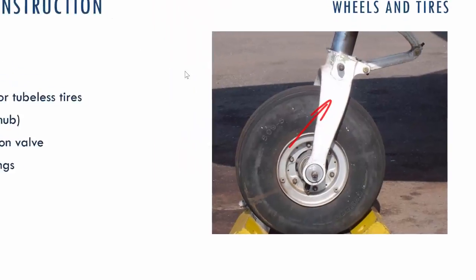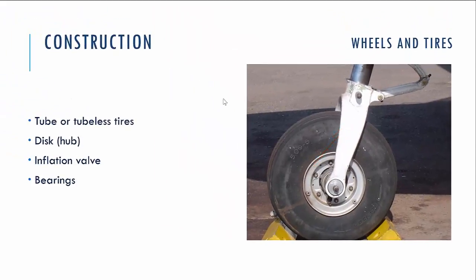And there are bearings which allow us to keep the hub connected to the axis. And I think we talked already about a fork which holds this wheel connected to the strut. So everything is easy, simple.